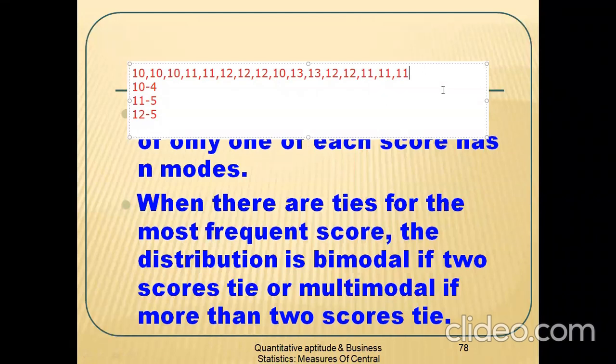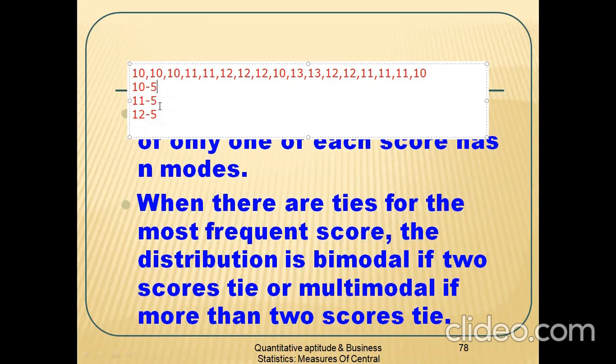Suppose in the same question, I add one more term, 10. Then how many modes are there? Number 10 is repeated 5 times, number 11 is repeated 5 times, and number 12 is repeated 5 times. That means in the given set of observations, 3 terms are repeated the same number of times.